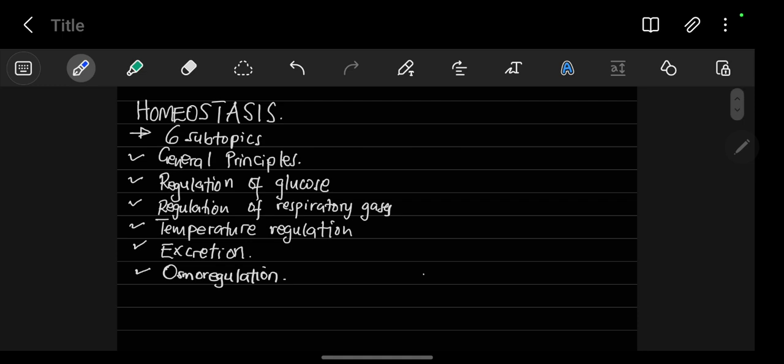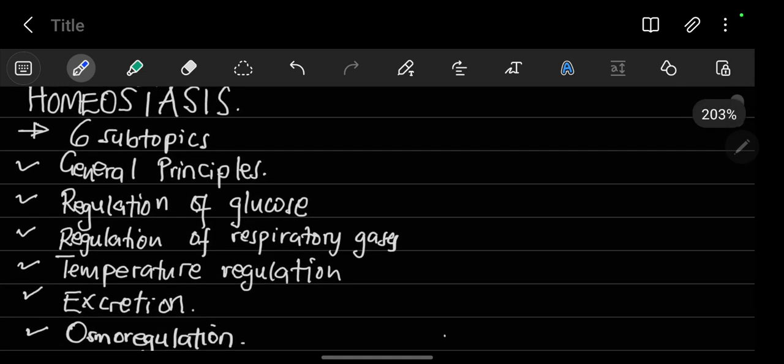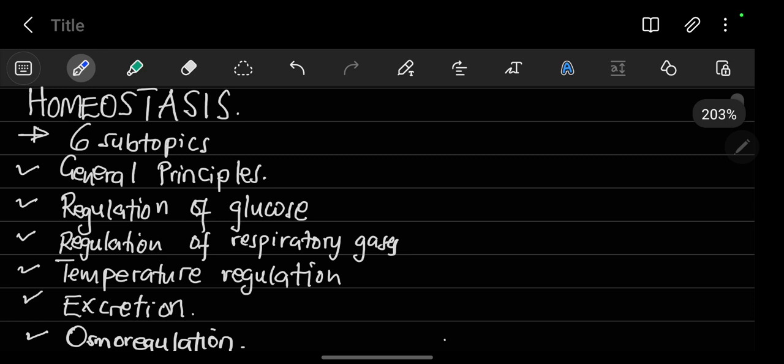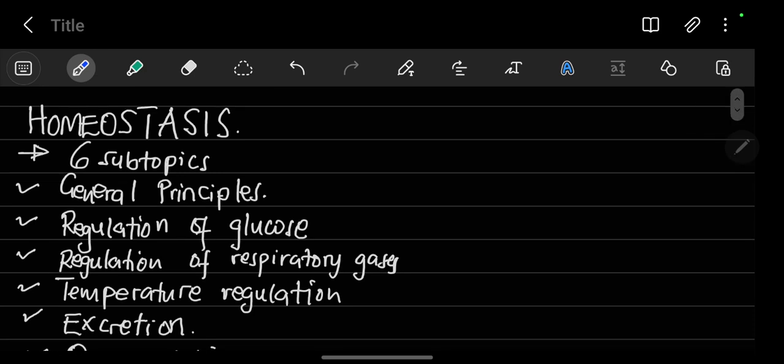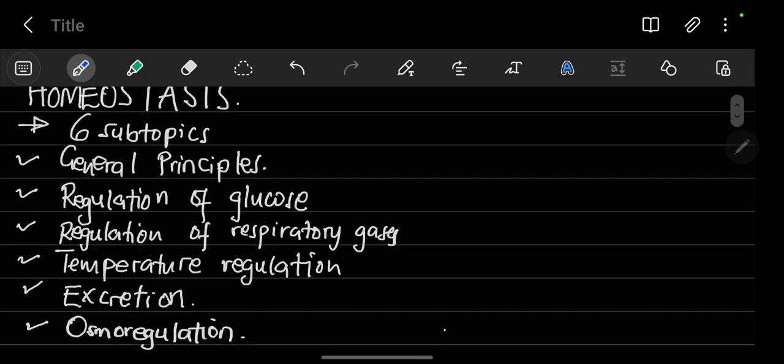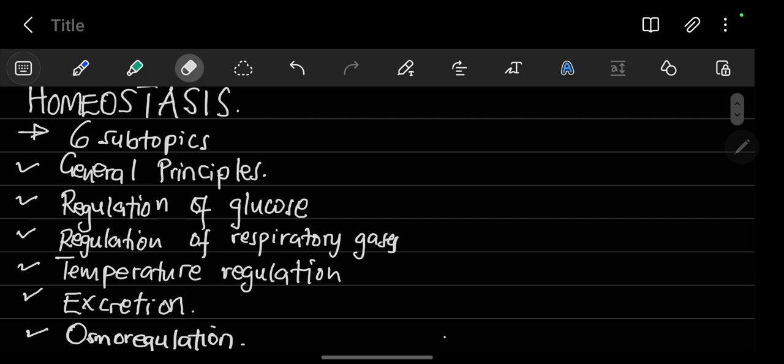First, since we are dealing with homeostasis, homeostasis involves self-sustaining systems, or it involves self-regulation, by the way.